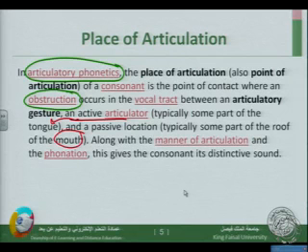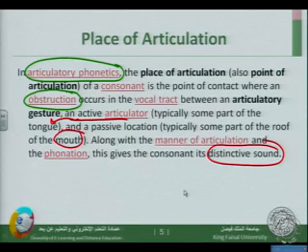You can't move, for example, the soft palate, or sorry, the hard palate. Along with the manner of articulation and the phonation, this gives the consonant its distinctive sound. One goal of this course is to make sounds distinguished. Okay, كيف نميز بين الأصوات.